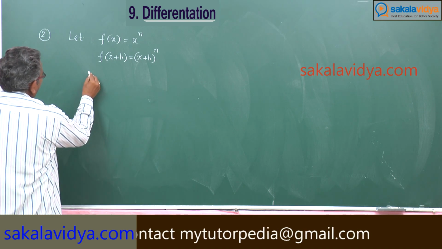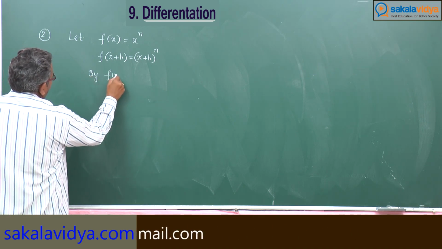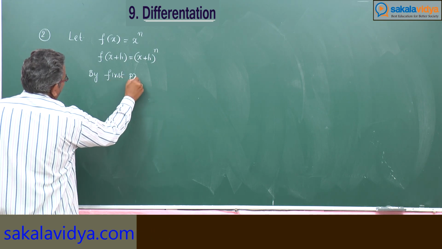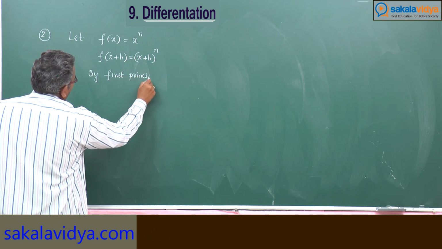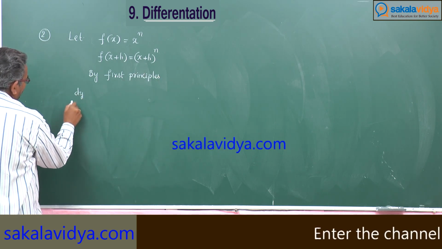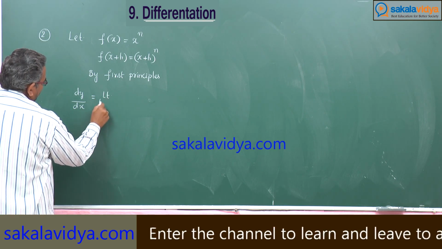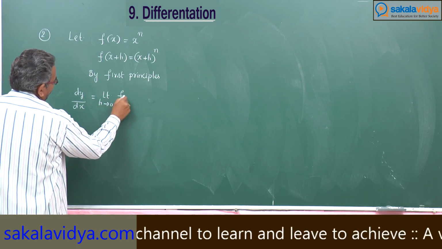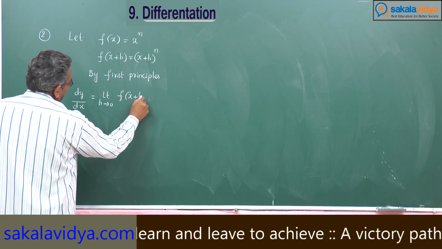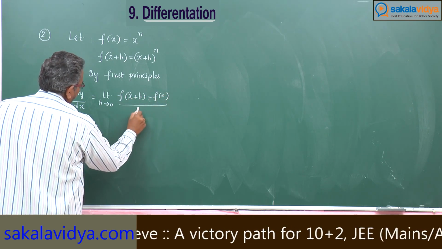Now by first principles, dy by dx is equal to, we have the formula, limit h tends to 0 f of x plus h minus f of x by h.